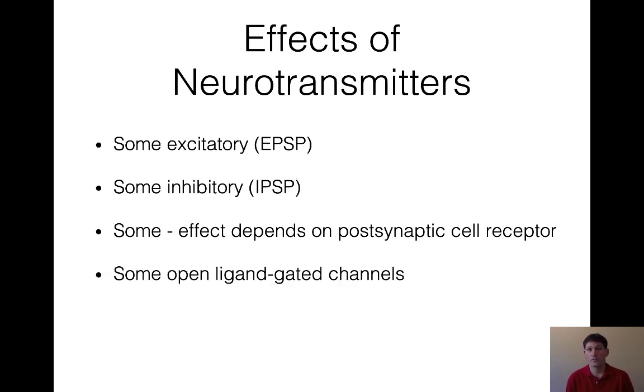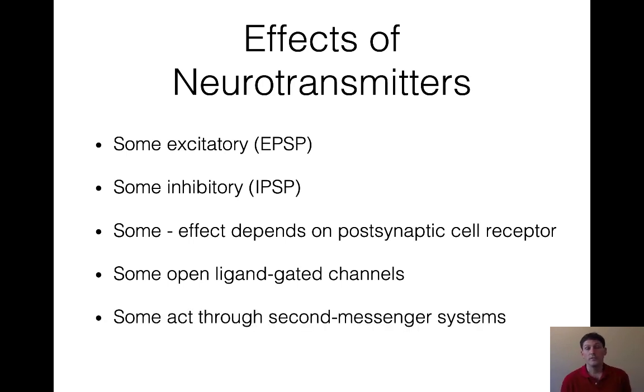Some of those neurotransmitters open ligand-gated channels, and we'll see that some act through a second messenger system. So a neurotransmitter will bind to a receptor, and that'll set off a cascade event that will trigger these second messengers to have other effects on the cells, sometimes changing protein synthesis, or maybe opening other ion channels.